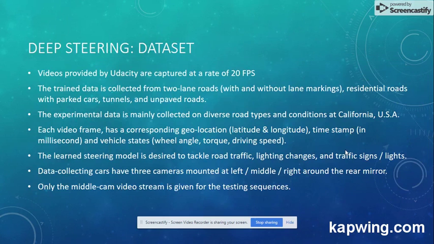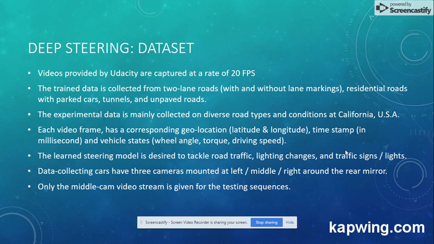So, something more about the dataset which deep steering uses. It uses the video frames provided by Udacity that are captured at a rate of 20 FPS. The training data is collected from 2-lane roads and residential roads with parked cars, tunnels, and unpaved roads and conditions similar to that.